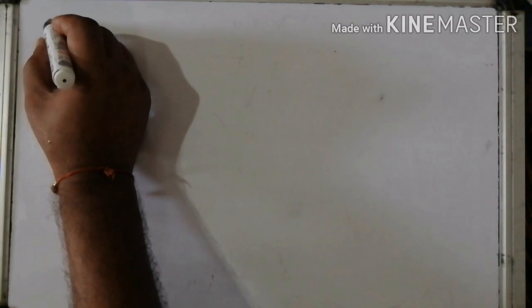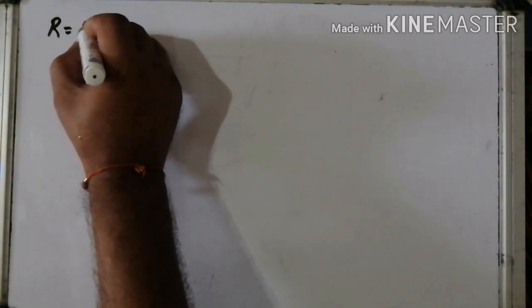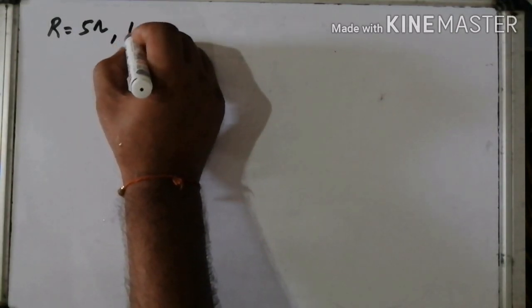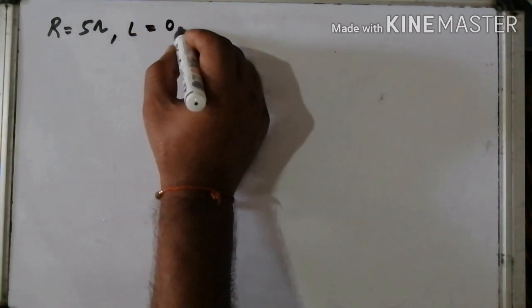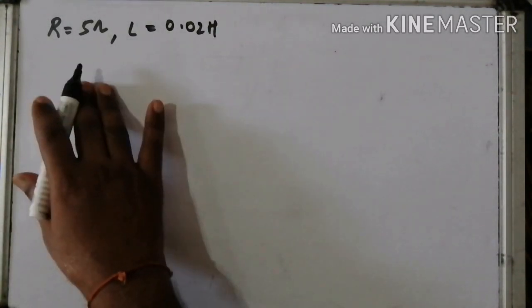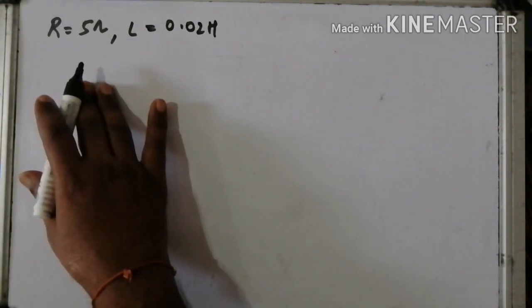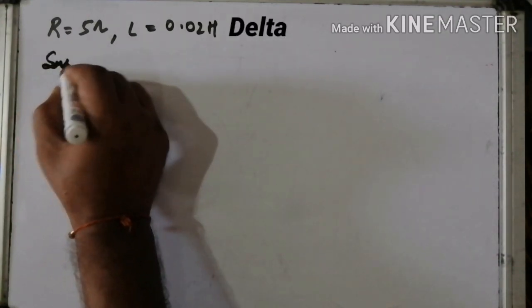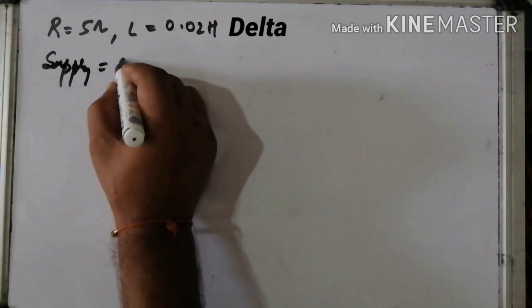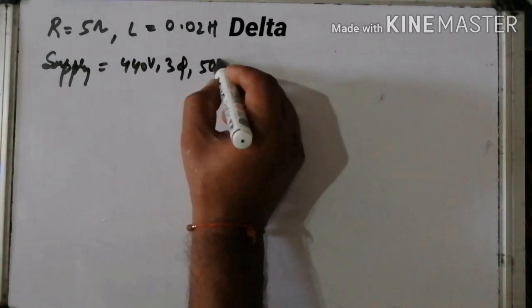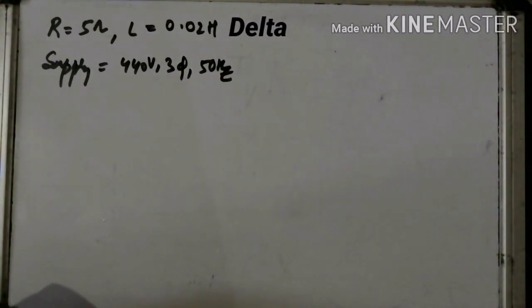Now according to the question, the value of resistance is 5 ohm and inductance is 0.02 Henry. Three similar coils are connected in delta to a supply of 440 volt, 3 phase and 50 Hertz.